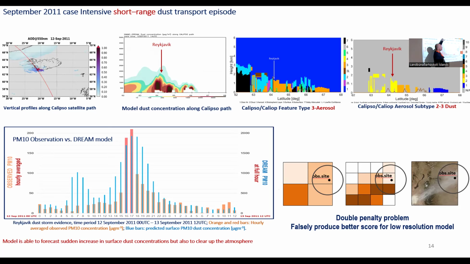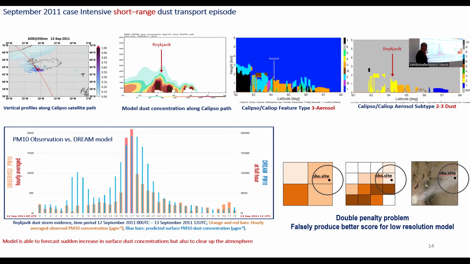The first is dust concentration from the model. Reykjavik is here. The second plot is CALIPSO feature type 3, which means aerosol. So we concluded that yes, this is really dust over Reykjavik. And then CALIOP subtype 3, which is dust.